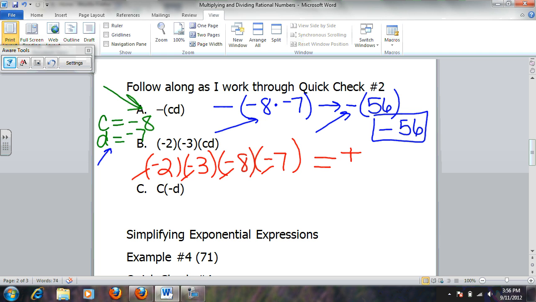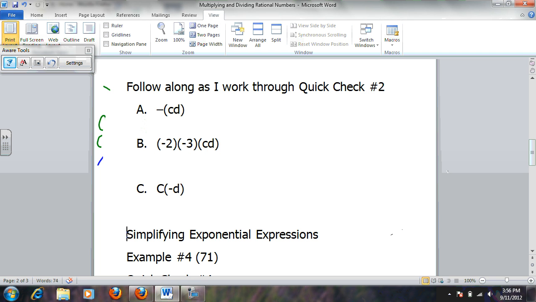Now I just need to multiply. 2 times 3 is 6. 6 times 8 is 48. 48 times 7. 6, carry my 5. 28 plus 5 is 33. 336. Evaluating expressions. You try C on your own.